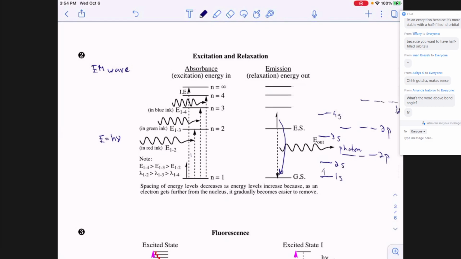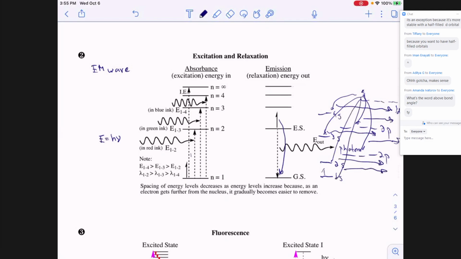So that electron, given some wave, can jump to all these sub-energy levels. If your electron got all the way up to here, it could fall back down to here, give off a wave, fall back down to here, give off a wave or a photon of light, and fall back down here and give off another wave.